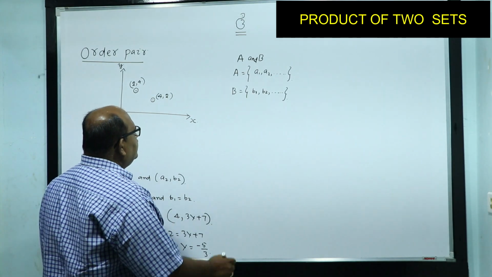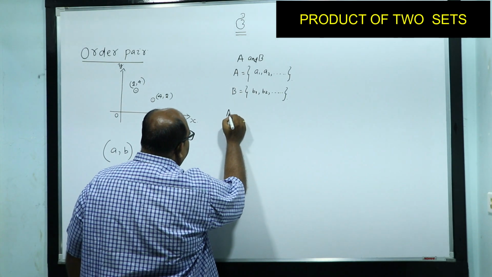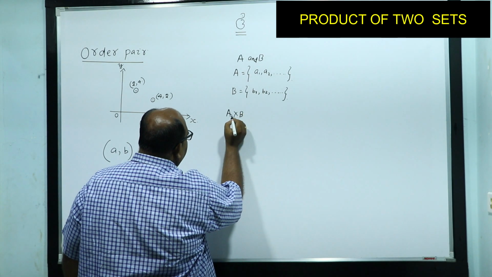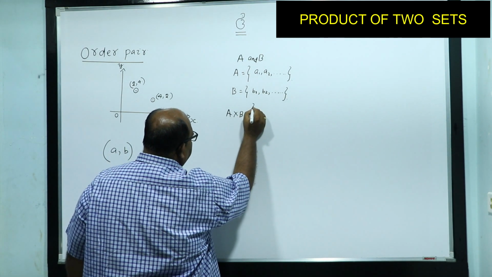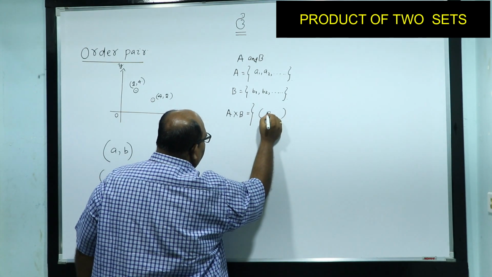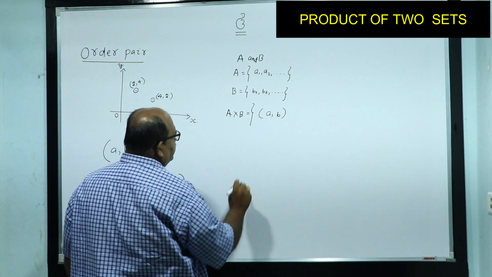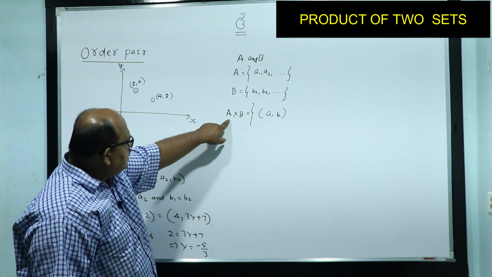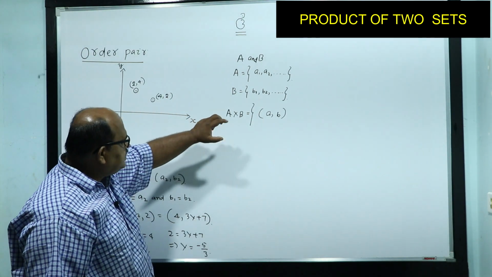So, what is the meaning of product of A into B? Product of A into B is a set which will contain the ordered pairs (a, b). In a product set, ordered pairs are present.